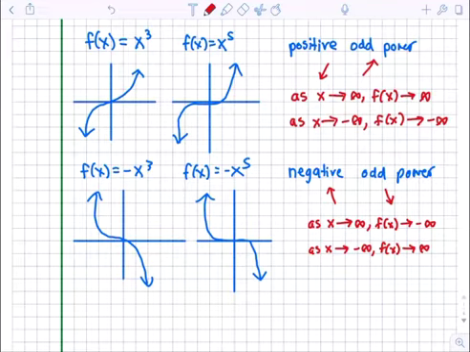So as x approaches infinity, which means going to the right, f of x approaches negative infinity, which is going down. And as x approaches negative infinity, f of x goes to positive infinity, which means going up. So that is the end behaviors for all the possible graphs that we will see.